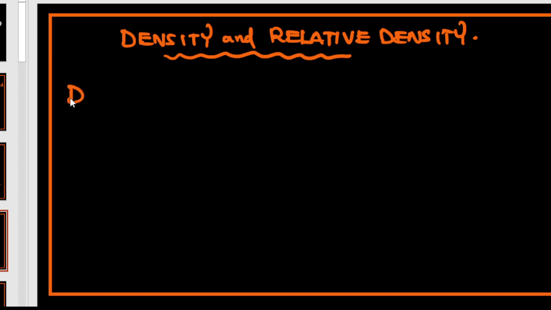So, density. Anybody, what do you understand by the word density? Thank you very much. Density of a substance is the mass of a unit volume of that substance.